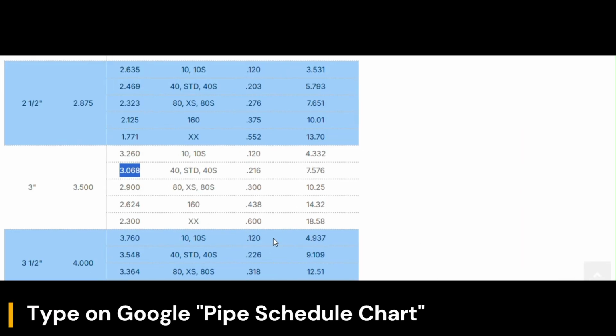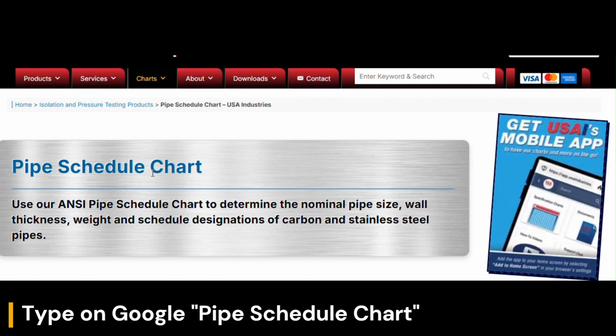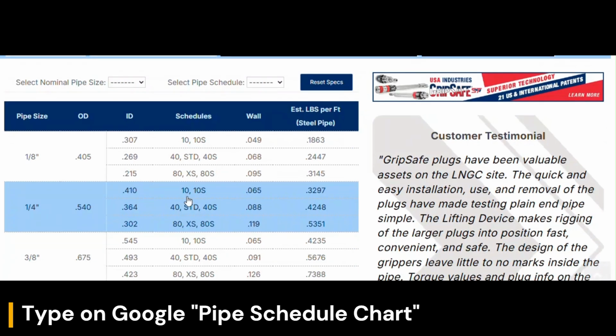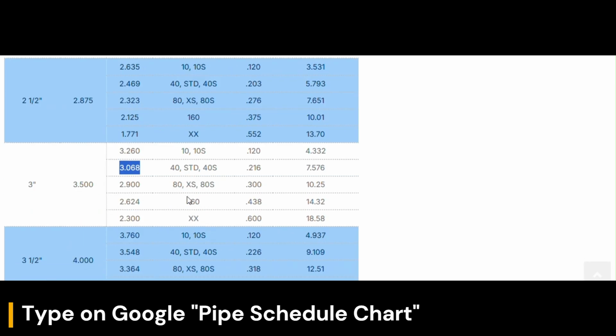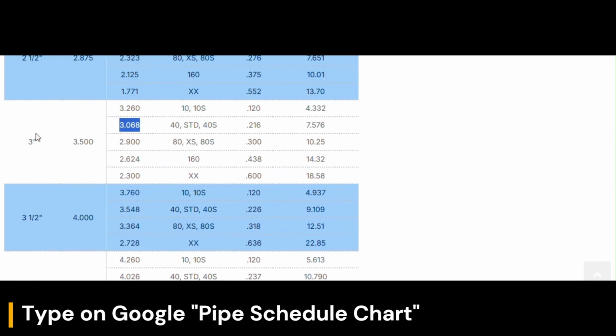You could Google pipe schedule charts, and you'll see hundreds of websites. For a 3-inch nominal diameter, say stainless steel schedule 40, you would get an outer diameter of 3.5 and an internal diameter of 3.068. The higher you go in the schedule, the thicker the pipe would be.